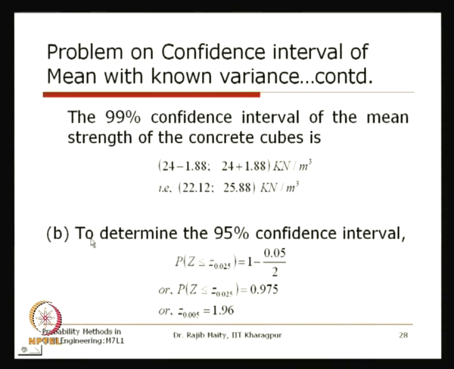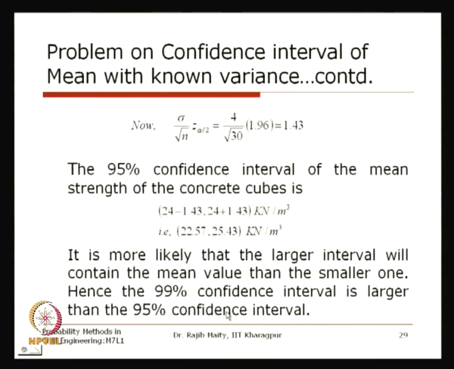Sorry. To determine the 95% confidence interval, again we have to find the z alpha by 2, and this is 1.96. Earlier it was 2.575, so now it is 1.96. If we calculate this, it will become 1.43, and the 95% confidence interval of the mean strength of this concrete will be 24 minus 1.43 and 24 plus 1.43.